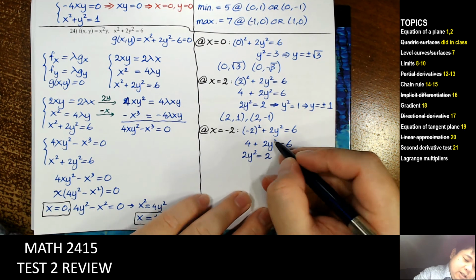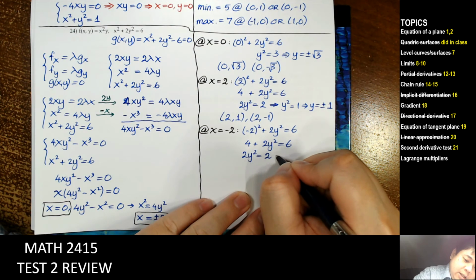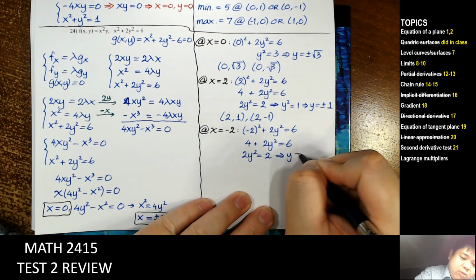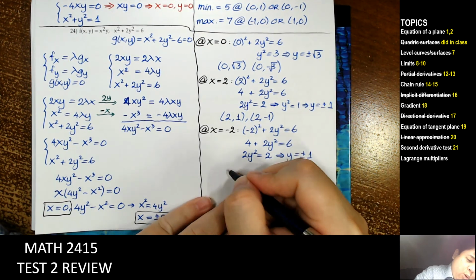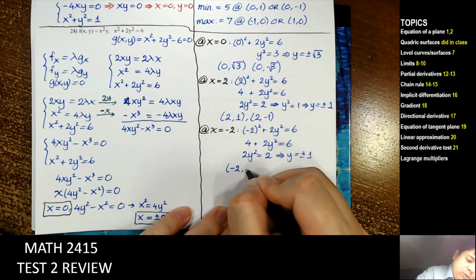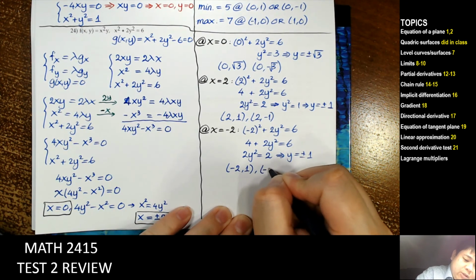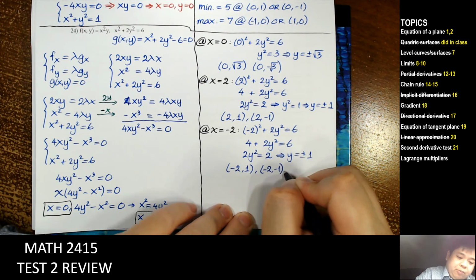And that gives us y equal to plus or minus 1 as well. So the points are x equal to negative 2, y is 1, x equal to negative 2, y is -1. Right.